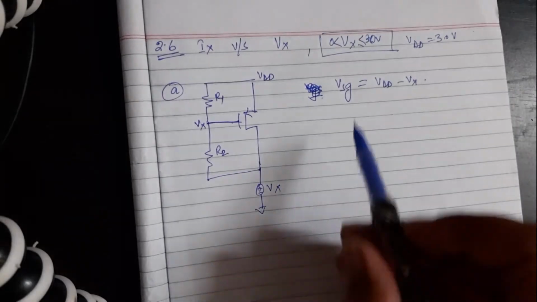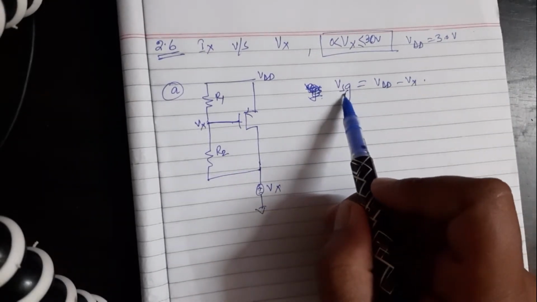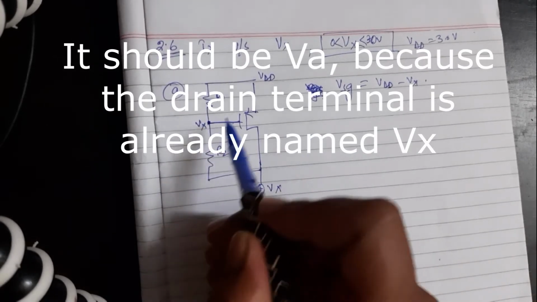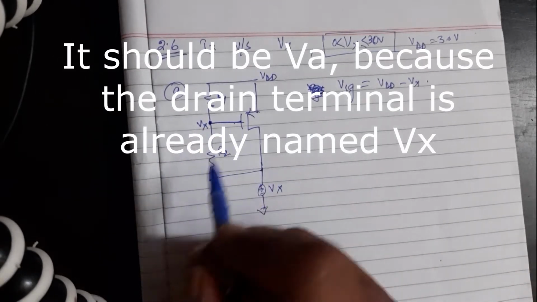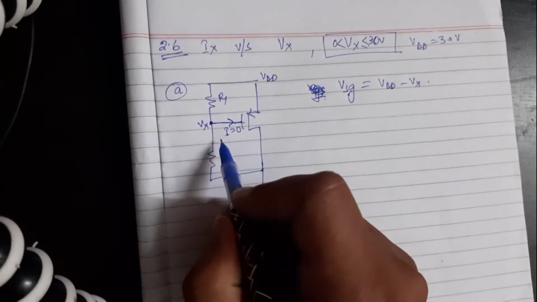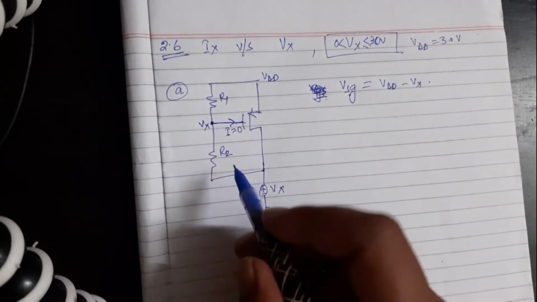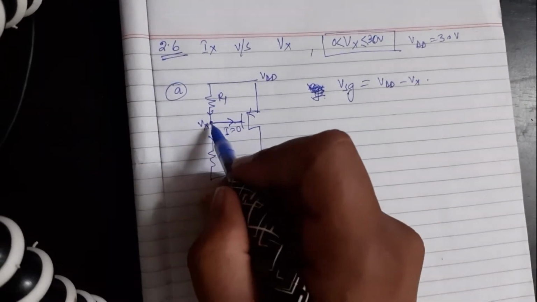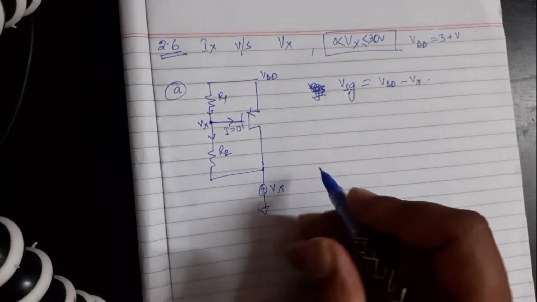So first of all, we need to find out VSG, which should be VDD minus Vx. Now to find out Vx, we need to observe that there is no current going into the gate of the transistor. So this portion is simply a voltage divider.